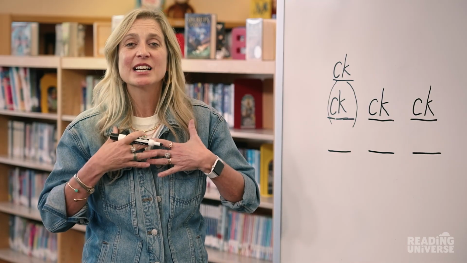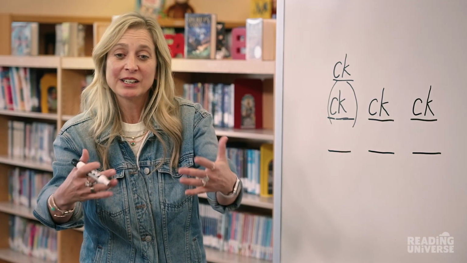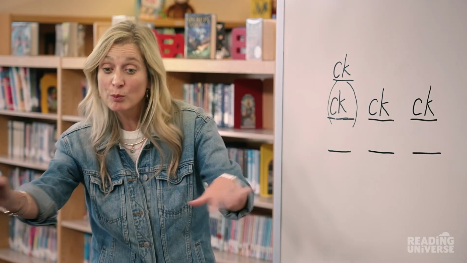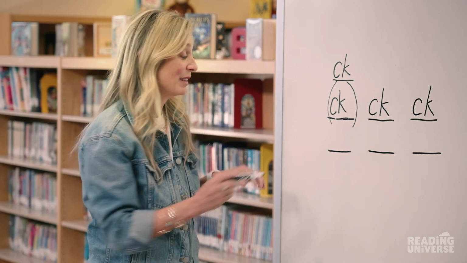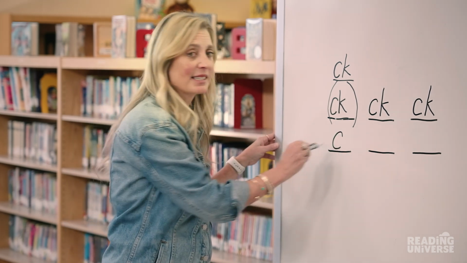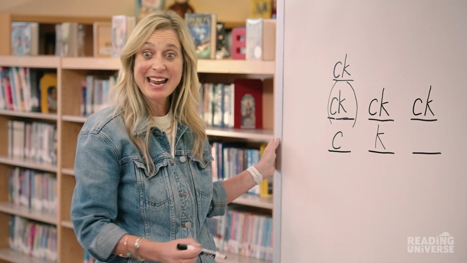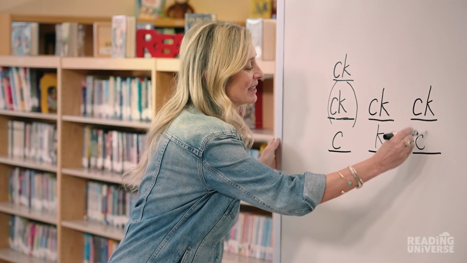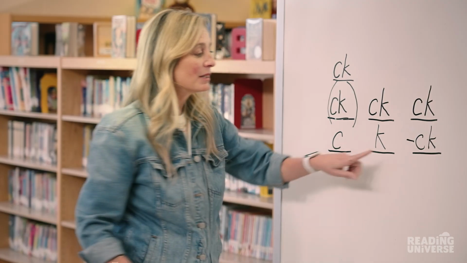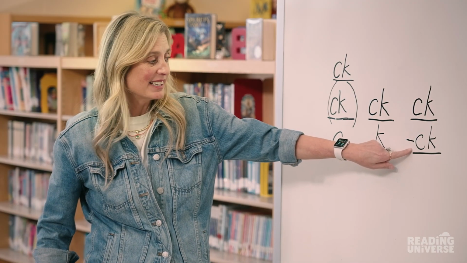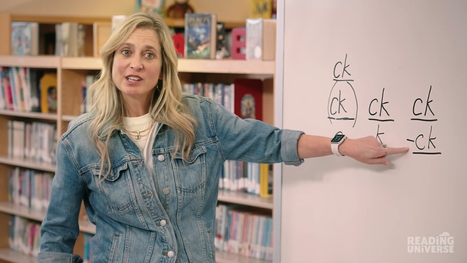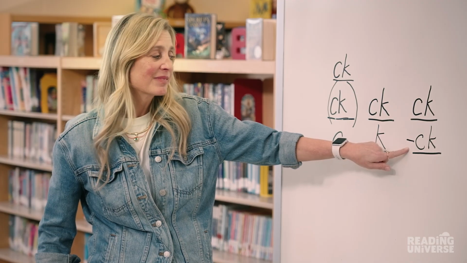My sound is k. Repeat, k. And here, I would walk around and check in with them and they would say, oh my goodness, I know this for k. I know this for k. And now I know this for k. And sometimes kids will put the dash here to represent they know that a short vowel comes before.